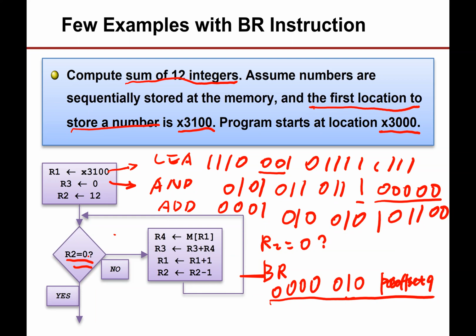For the condition code, the last instruction here should be R2, here R2, and also here R2, because these can all change the value of the general purpose registers.